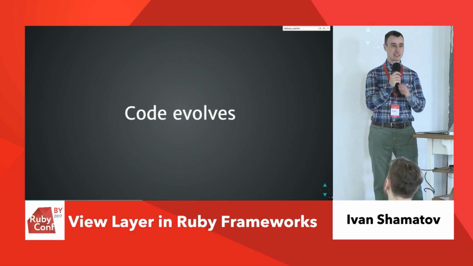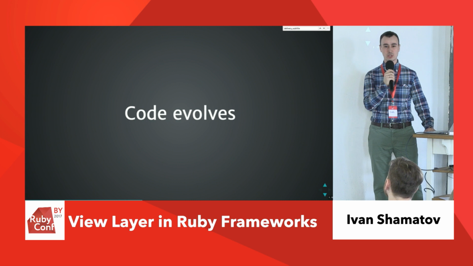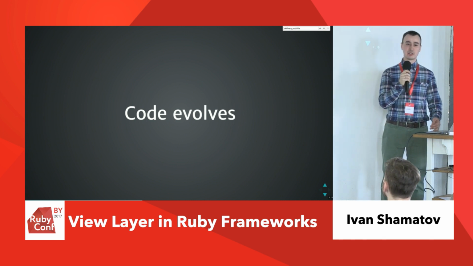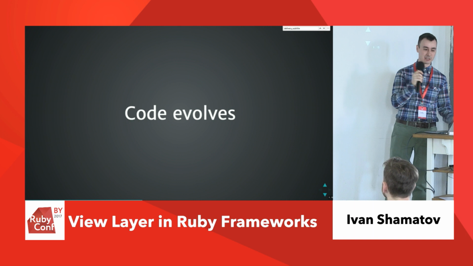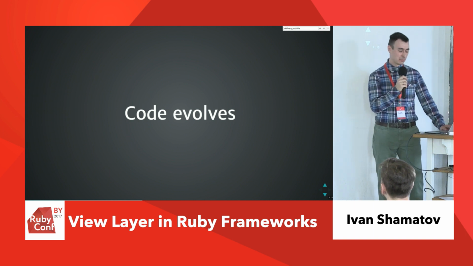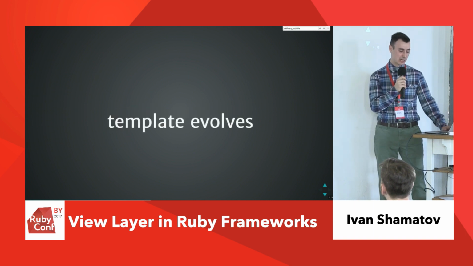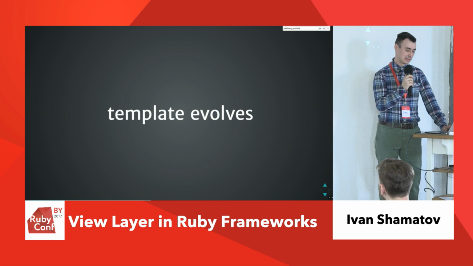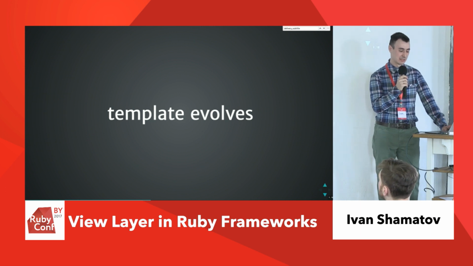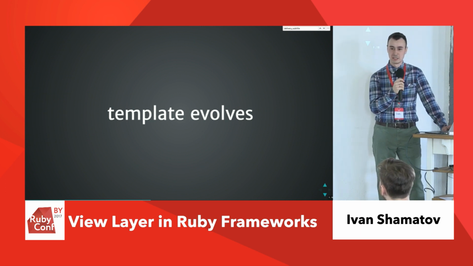In Rails and using Ruby, we've got lots of ways to decompose our logic using services and plain Ruby objects and so on. But our templates are growing, and it's easy to mess everything up in Ruby templates.